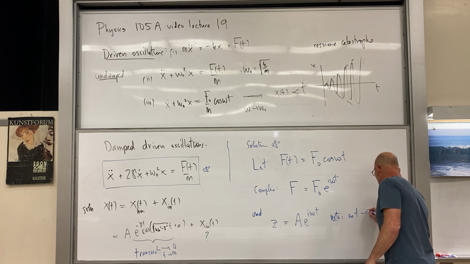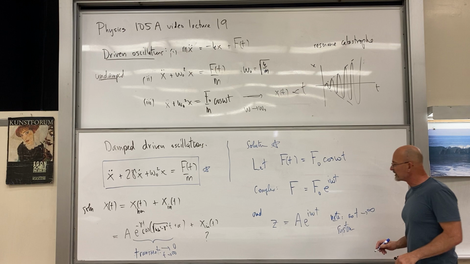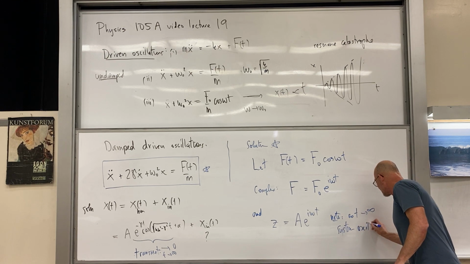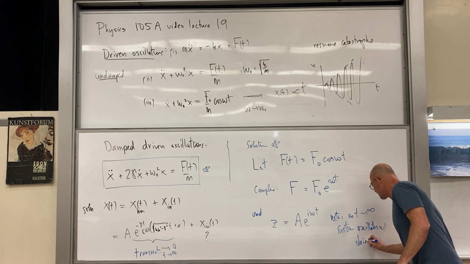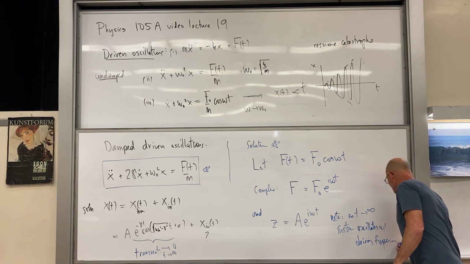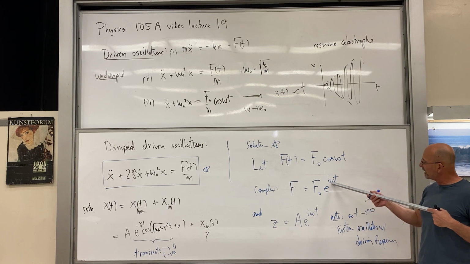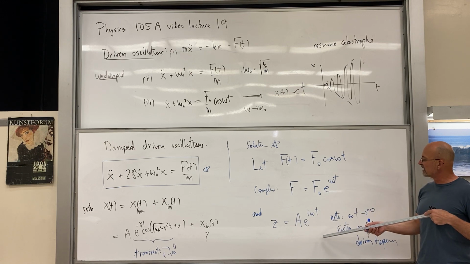As t goes to infinity, the system will be oscillating with the driving frequency. This is all complex now. Omega is real. A is complex. That's our complex exponential.